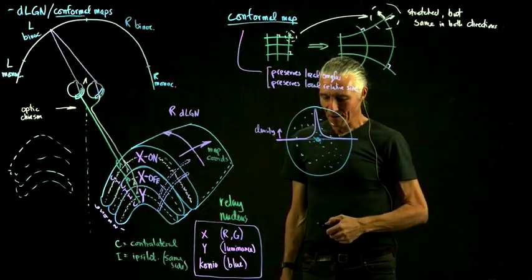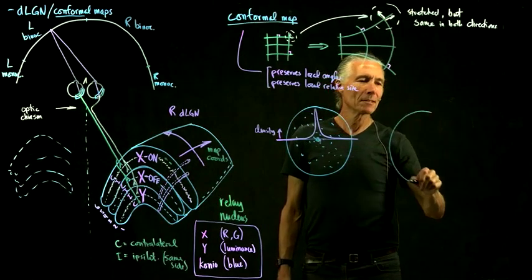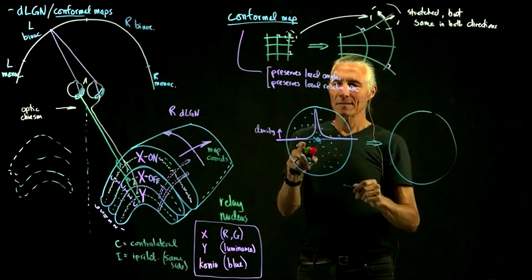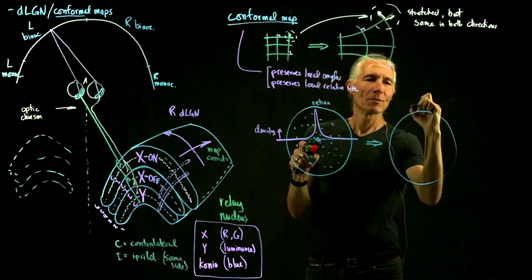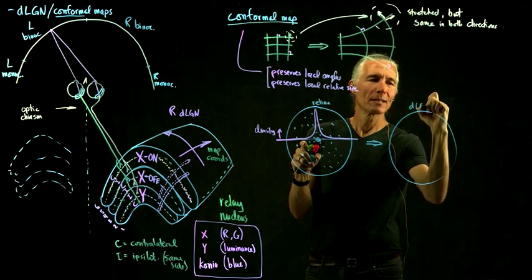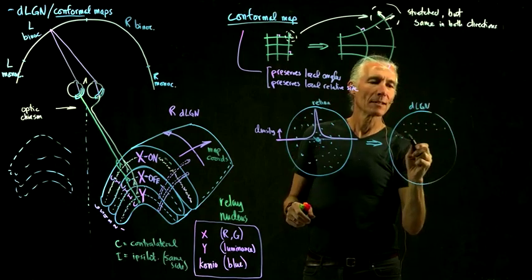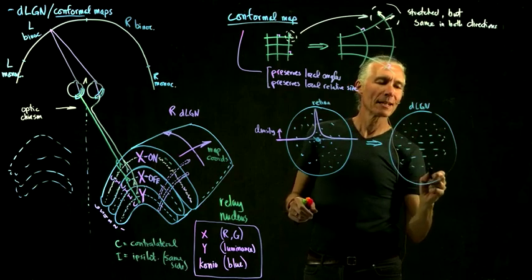It turns out there's going to be some problems. The idea is we want to take this retina over here and go to our dorsal lateral geniculate nucleus and spread all these cells out evenly across it. Now, what is that equivalent to?